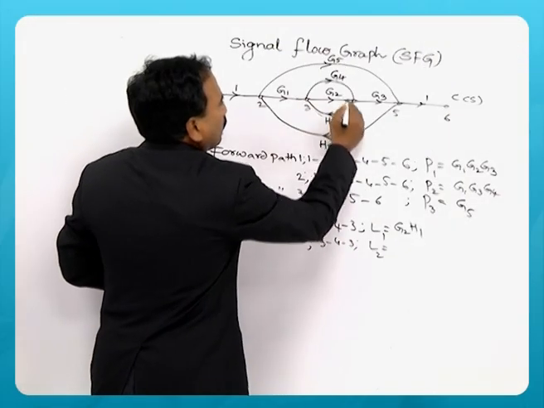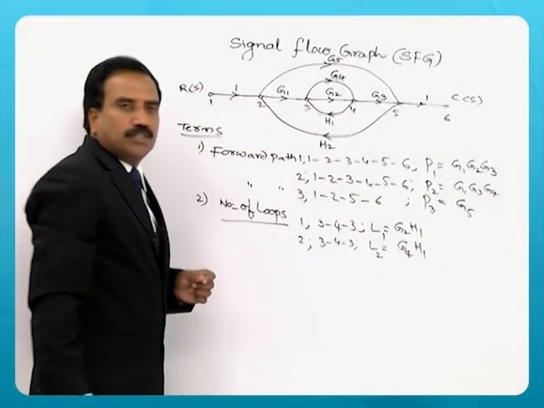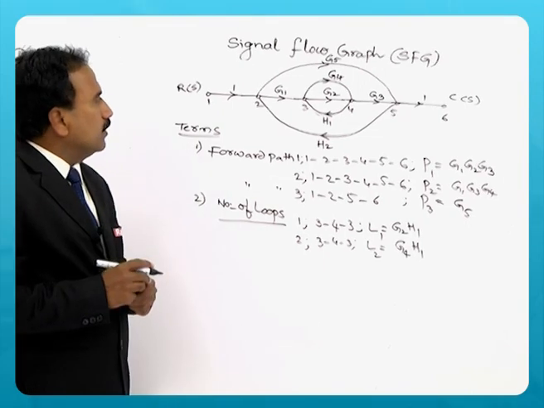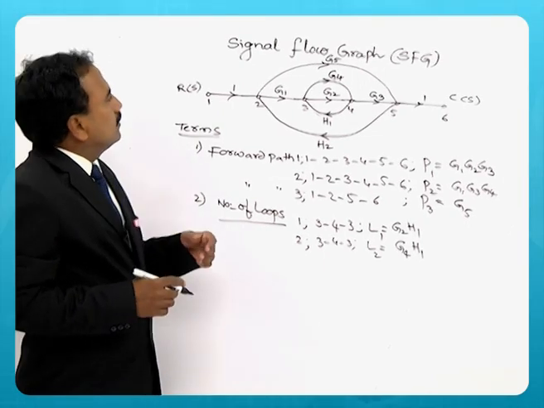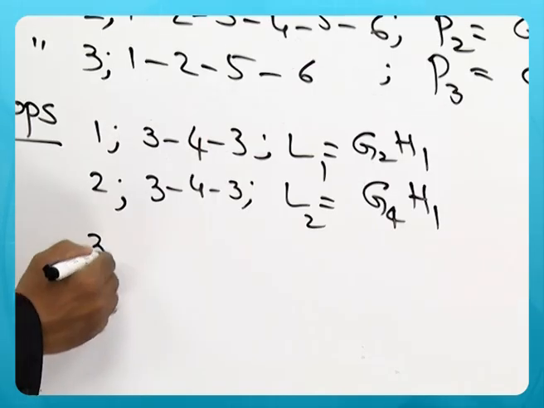So G4 H1. G4 H1 is another loop again, and this way you need to identify any other loops that are there. Loop 3.